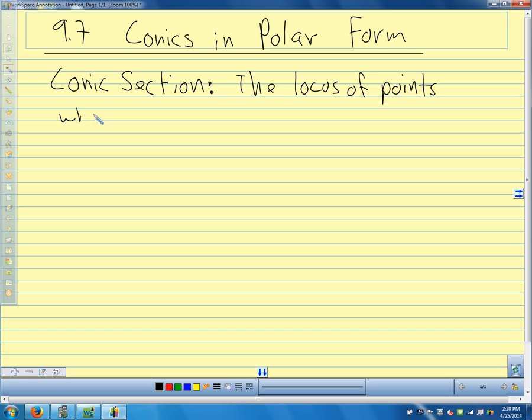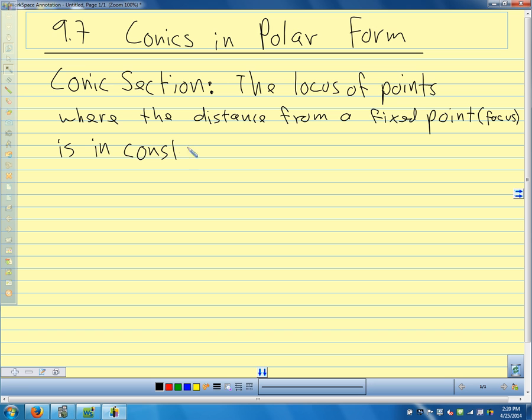The locus of points where the distance from a fixed point, and our fixed point is going to be our focus, is in constant ratio with the distance from a fixed line.